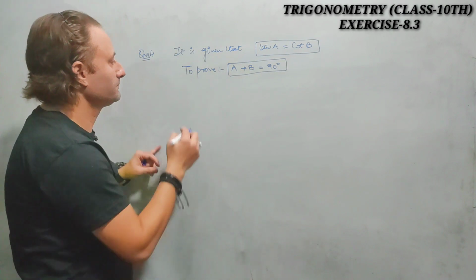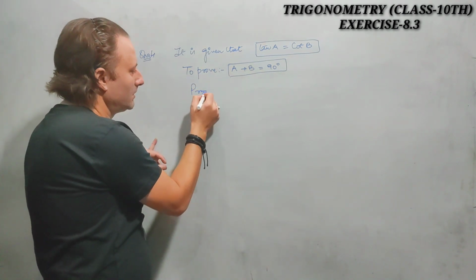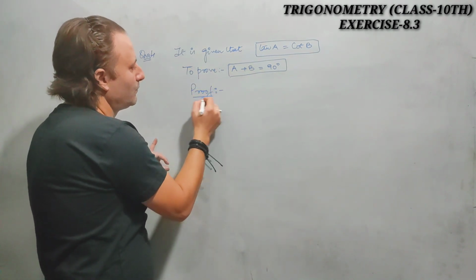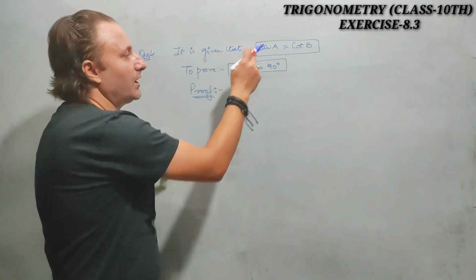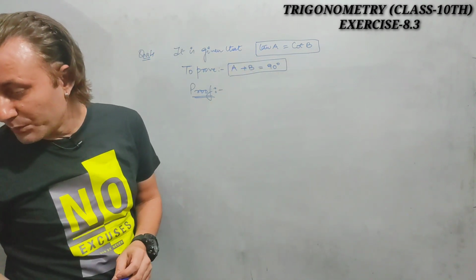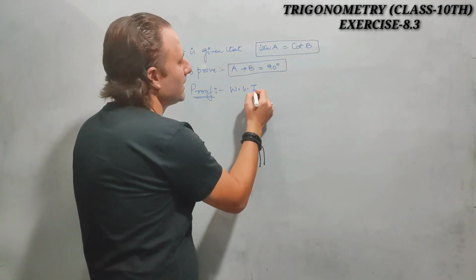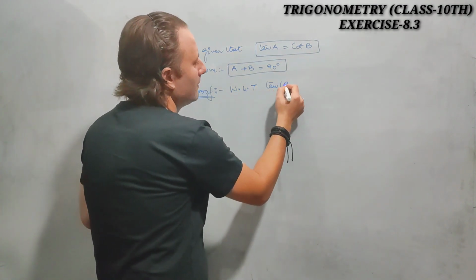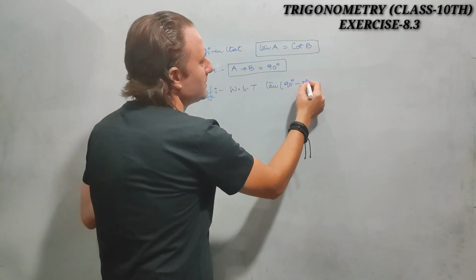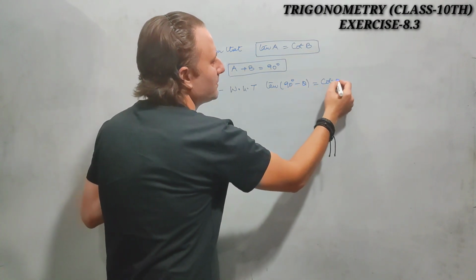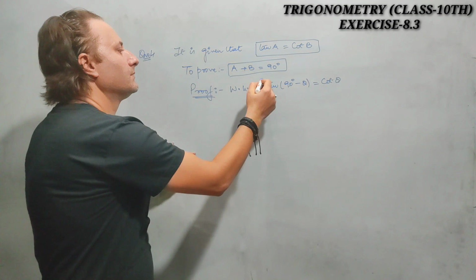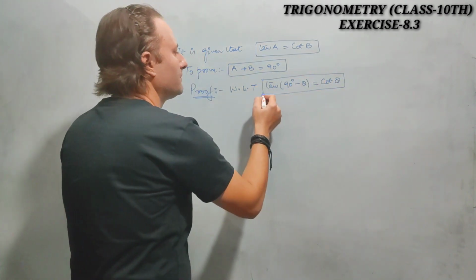How to do that? So let's see what best we can do. So I have tan A is equal to cot B. Okay, so I will say we know that tan 90 minus theta is equal to cot theta. We are familiar with this particular formula.